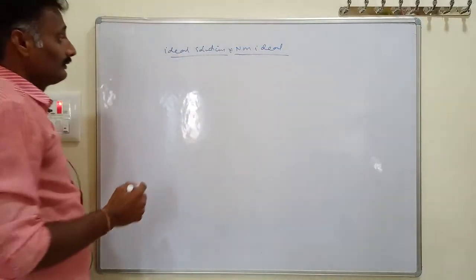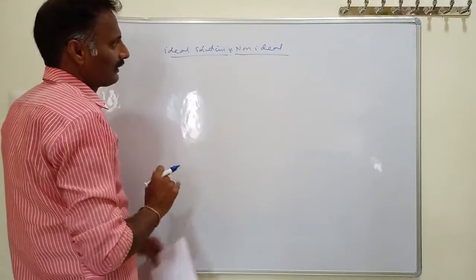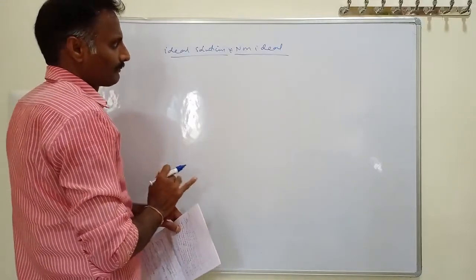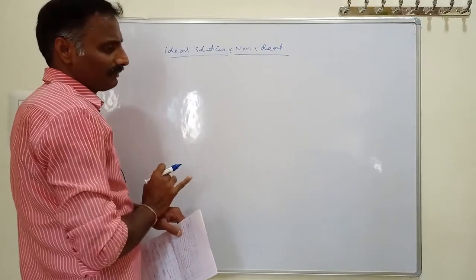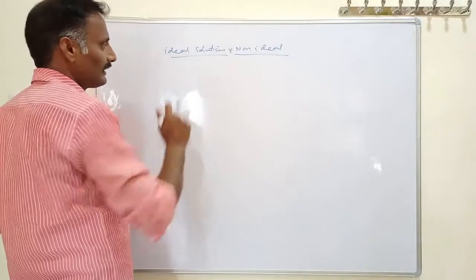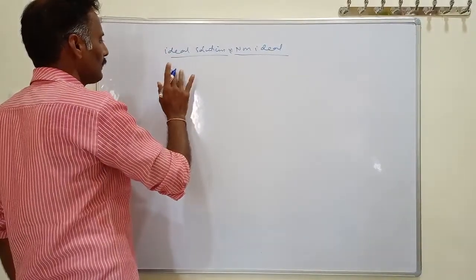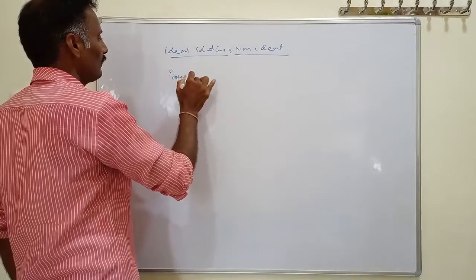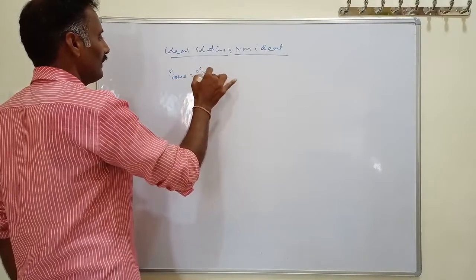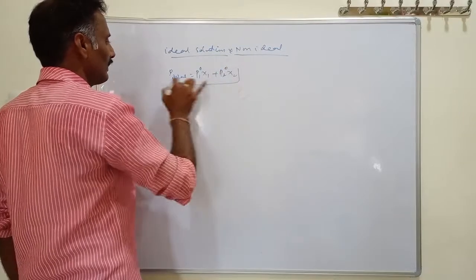An ideal solution is one which satisfies Raoult's law at all concentrations. Any solution which satisfies Raoult's law over the entire range of concentration is called an ideal solution. And what is Raoult's law? According to Raoult's law, P total is equal to P1 naught X1 plus P2 naught X2.